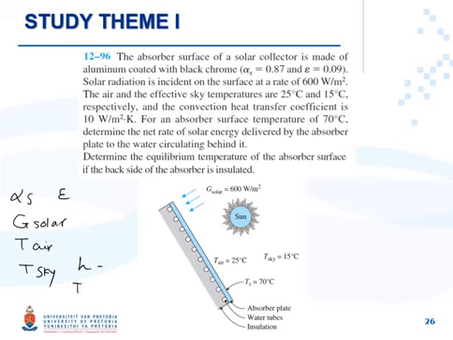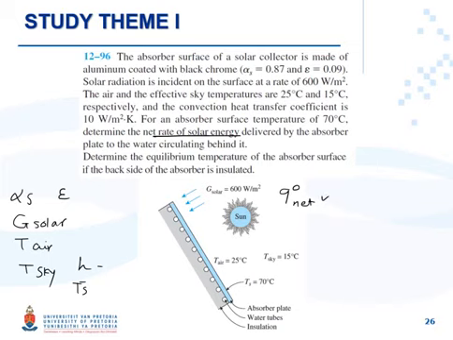We also have Ts, which is 70 degrees. So what we need to find is the net rate of solar energy, Q dot net, and we also need to determine the equilibrium temperature of the absorber surface if the black side of the absorber is insulated.